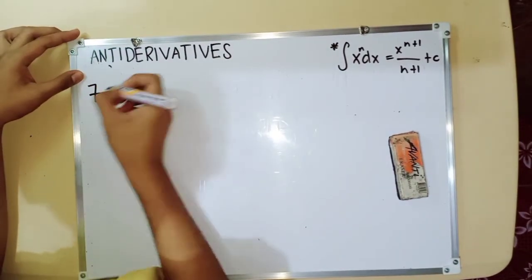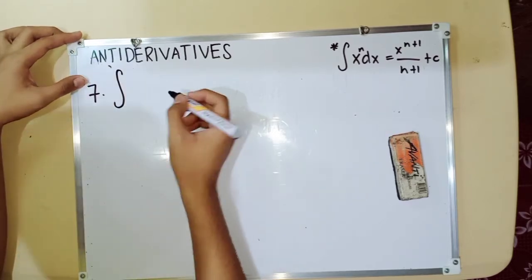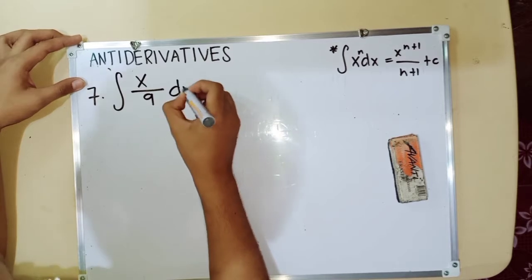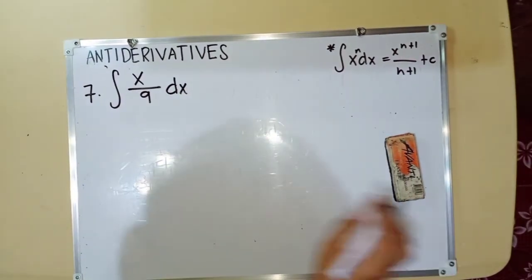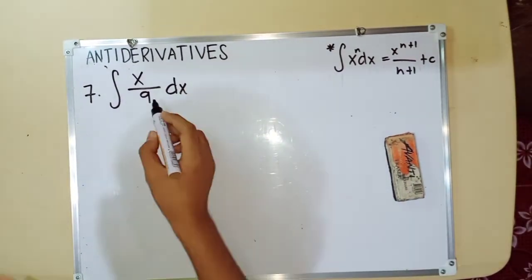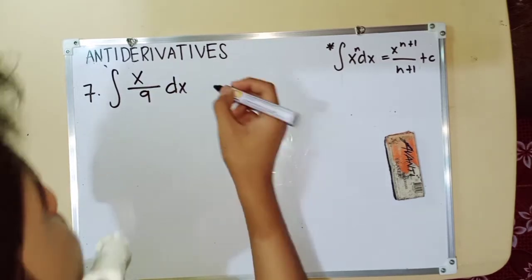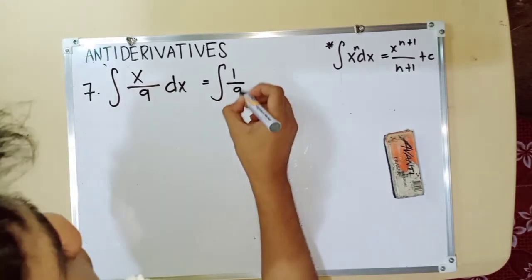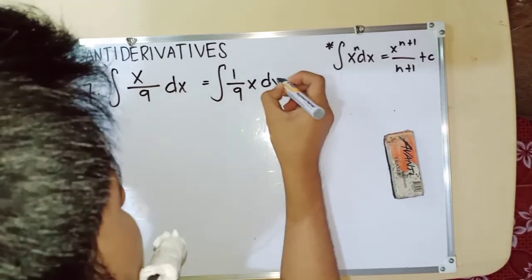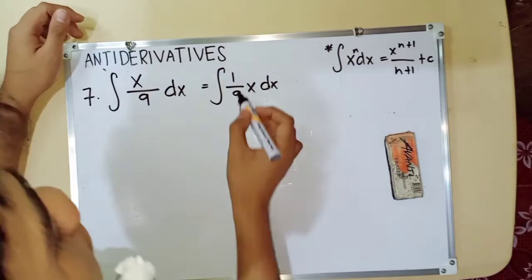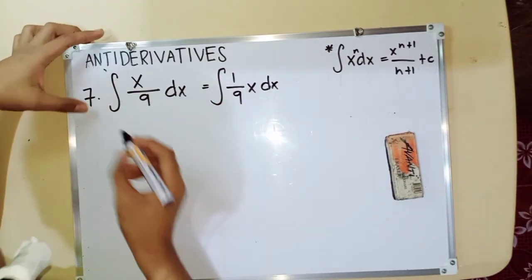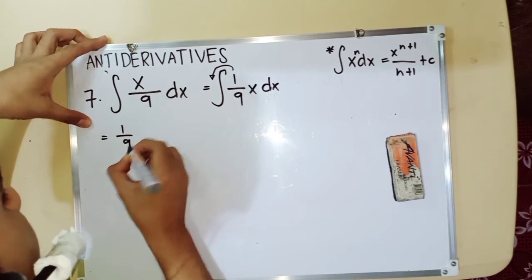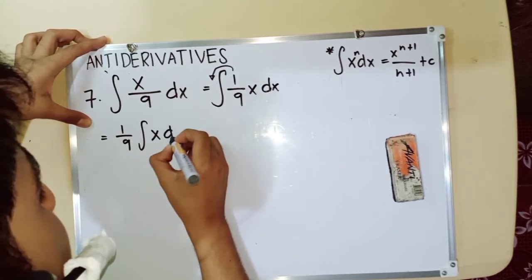So, number 7. What about this kind of problem? x over 9 dx. Sa problem na ito, pwede natin ilabas yung 9, 1 over 9. So, magiging antiderivative of 1 over 9 x dx. Then, pwede natin ilabas itong 1 over 9 sa labas. So, 1 over 9 antiderivative of x dx.